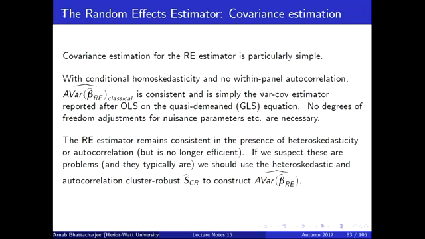So you estimate your theta reasonably efficiently, then quasi-demean your data, and after doing ordinary least squares, this is simply that variance covariance matrix estimation. So there are no degrees of freedom adjustments required here. Why? Because we are not explicitly estimating the nuisance parameters, so we are not actually losing any degrees of freedom here. We are using both within and between variation.